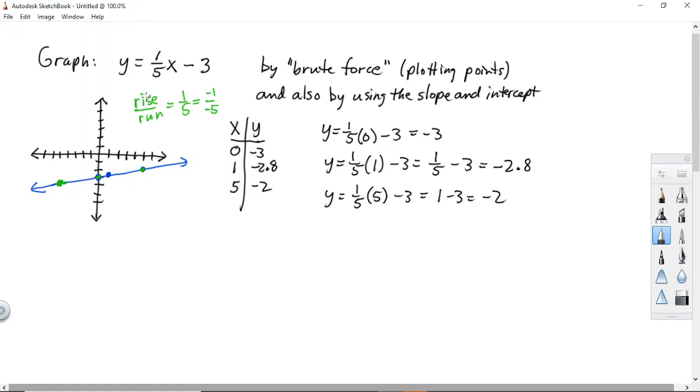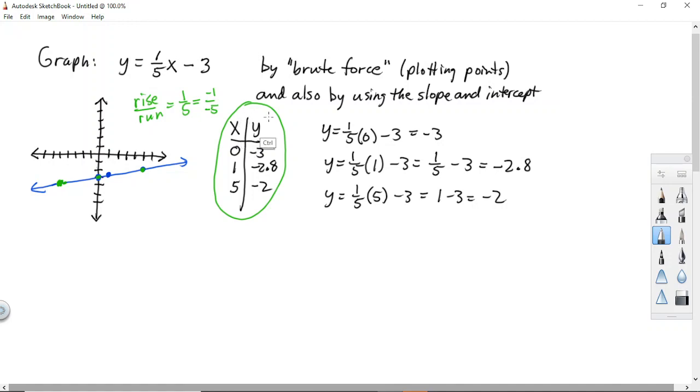It's faster generally to use the special knowledge that you have about the type of equation that it is. But good old tried and true brute force method. If you can't remember how to do it for this certain specific type of equation, maybe you can't remember what to do with slope and intercept, you're just kind of stuck, pull out the old brute force method.